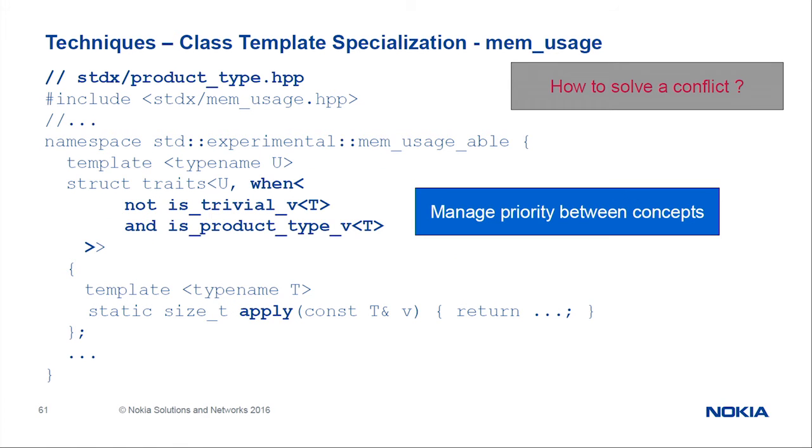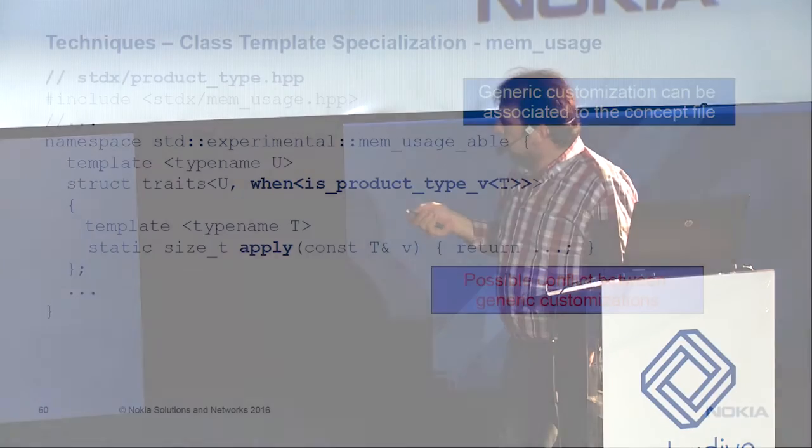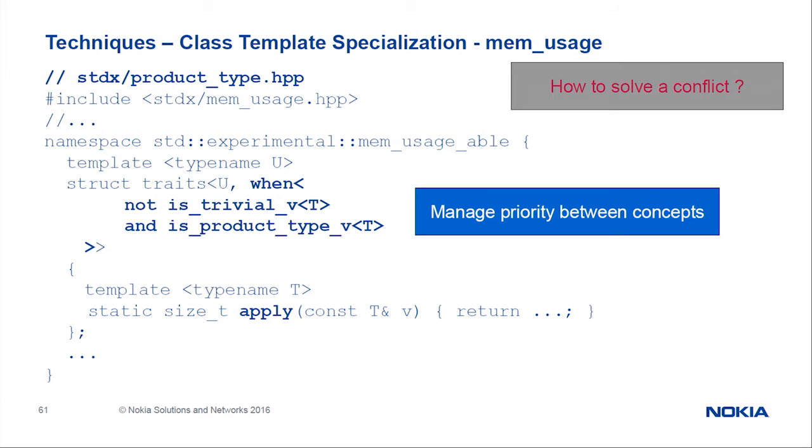Sorry. And we have that we can have conflicts. When we specialize for two concepts, we can have types that model the two concepts, and we have to manage with this. And one way to manage with this, as I said before, is to give a priority.